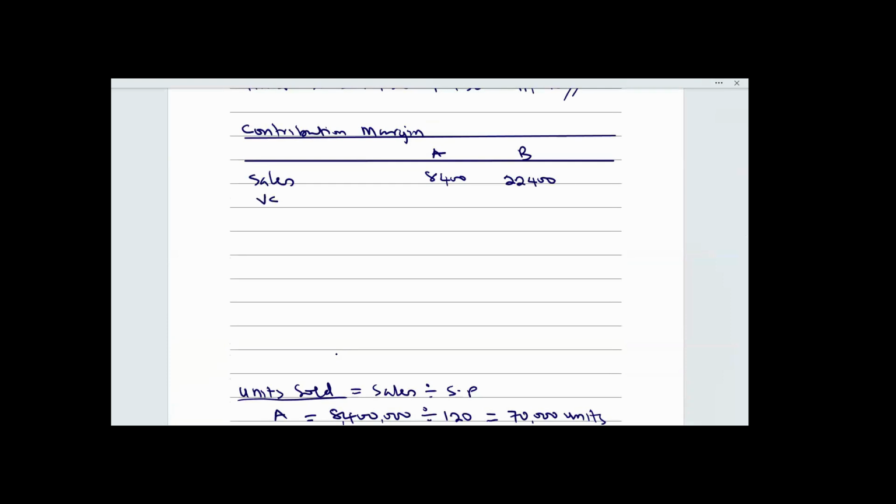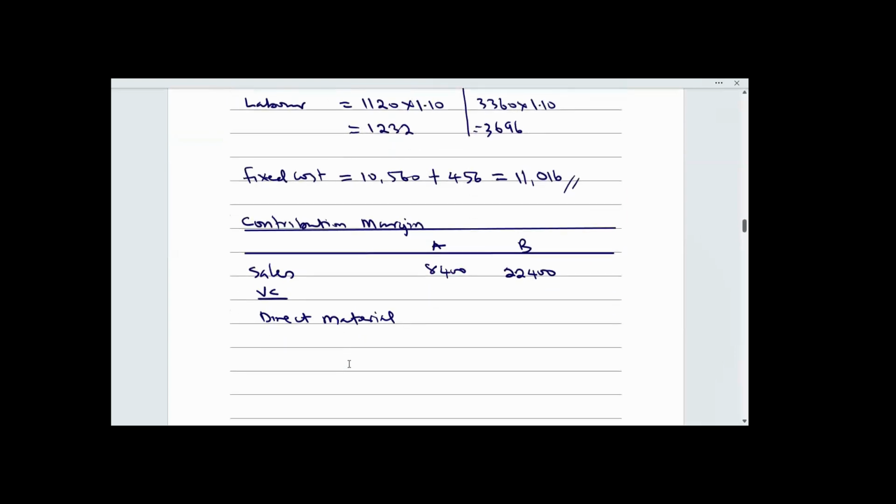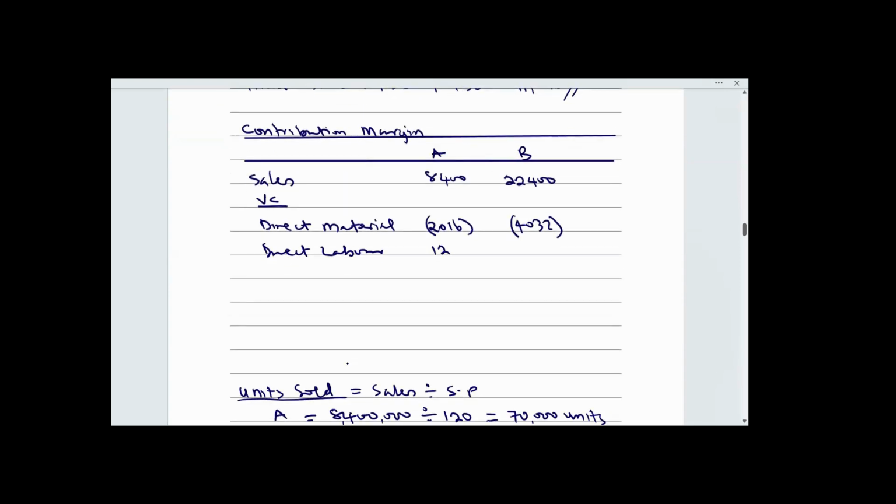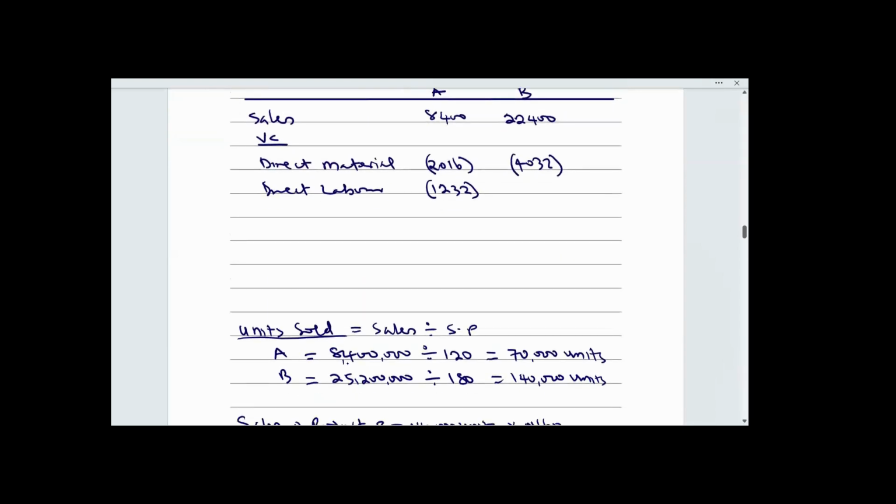All right. Then for variable costs, direct material cost has changed. For product A, 2016. For product B, 4032. The next item is direct labor. Direct labor has also changed. 1232, and then 3696.